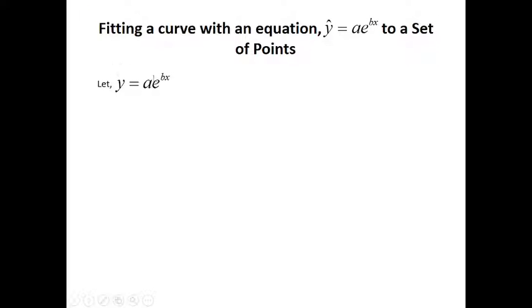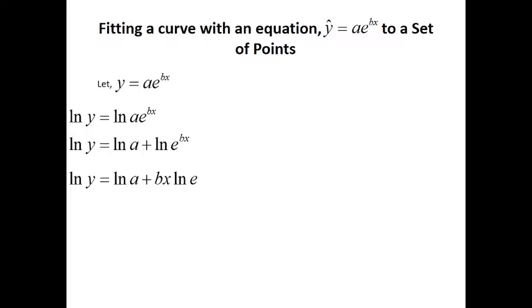So let's say y equals a e to the power of bx. Now we take the natural logarithm of both sides. We have ln y equals ln of a e to the power of bx, and applying laws of logarithms, we obtain ln a plus bx.